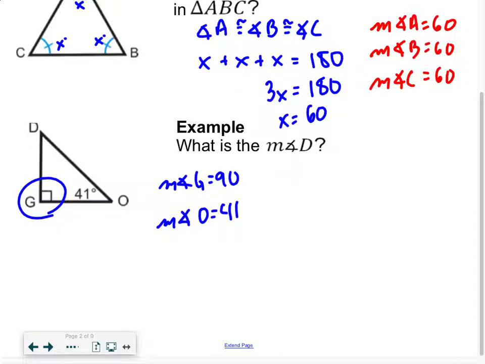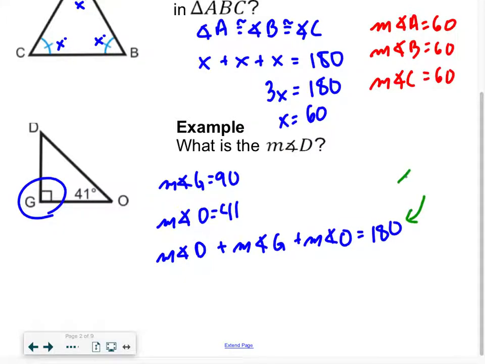Using the triangle sum theorem again, if I add up all the angles, that should be 180 degrees. Again, the reason why is the triangle sum theorem. That is the reason why I can add up all of them to equal 180 degrees.